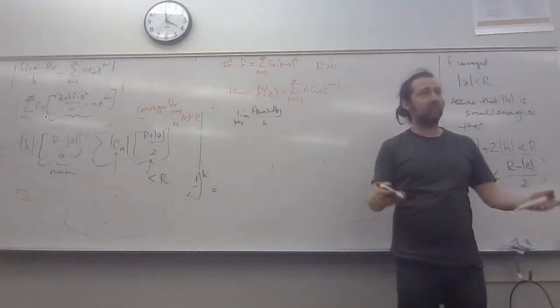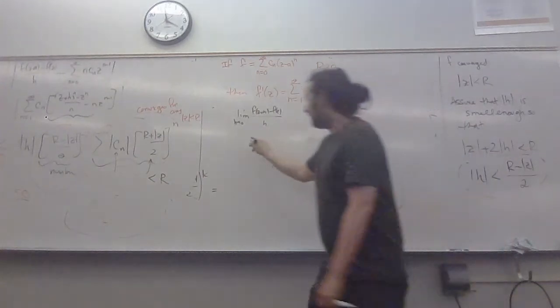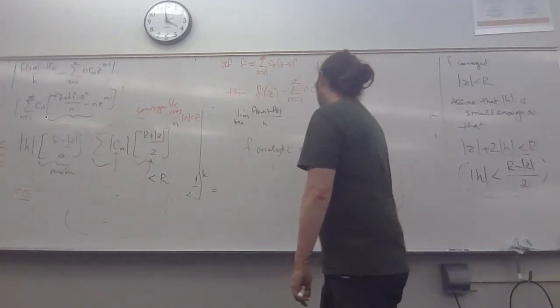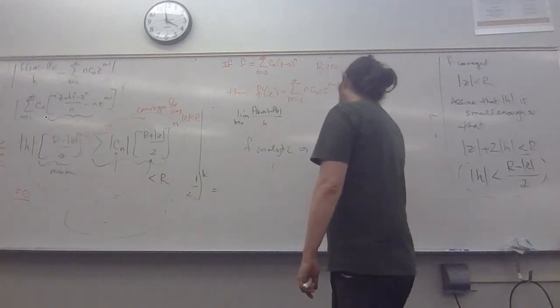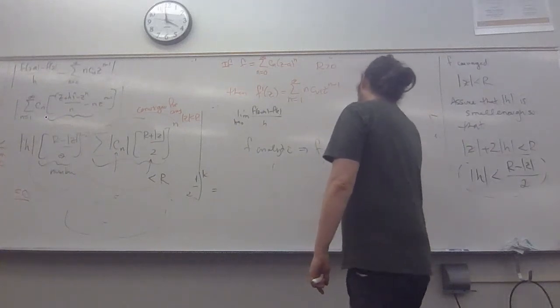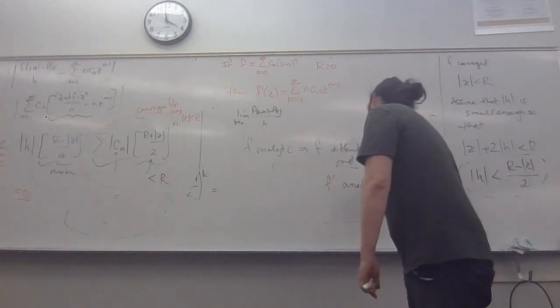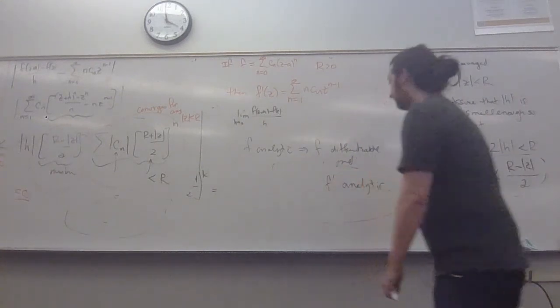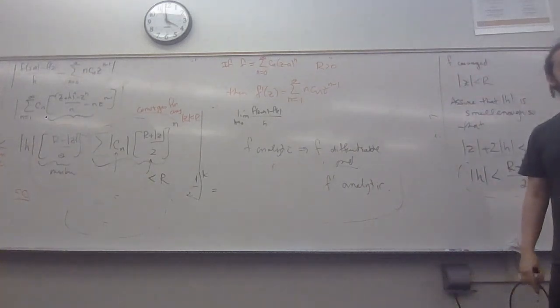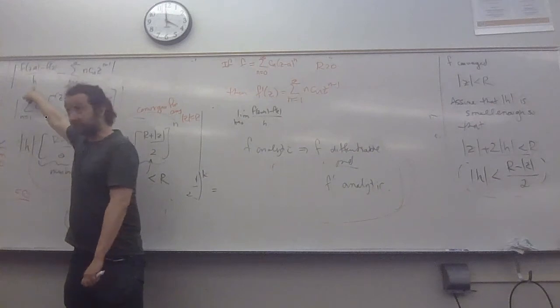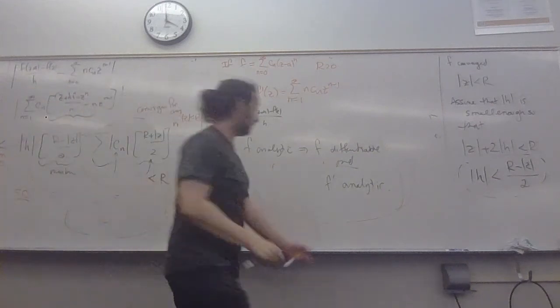So f analytic implies f differentiable, and as a bonus, f prime is analytic. We proved it's differentiable because this difference quotient approaches something, and we proved it's analytic because the thing it approaches is a power series.